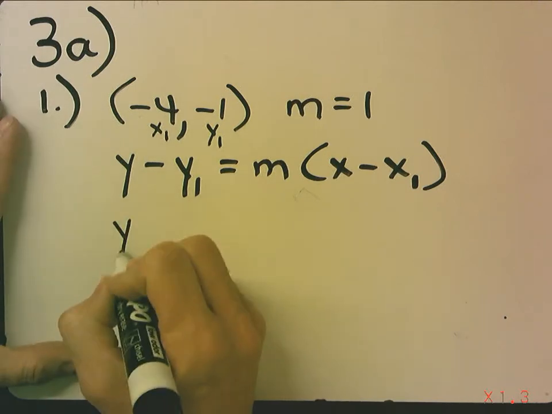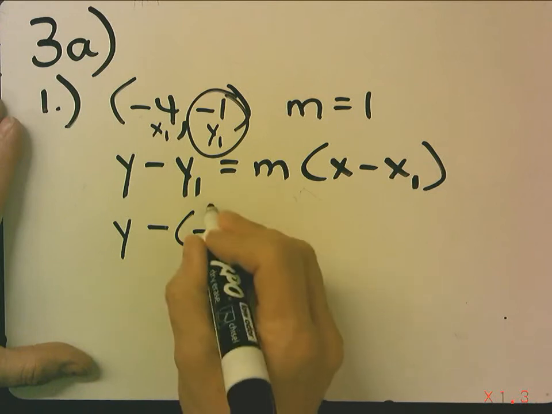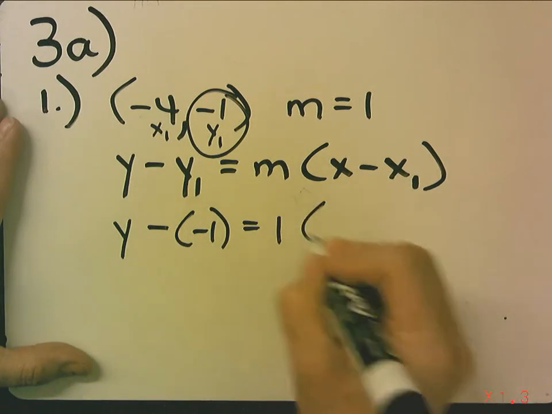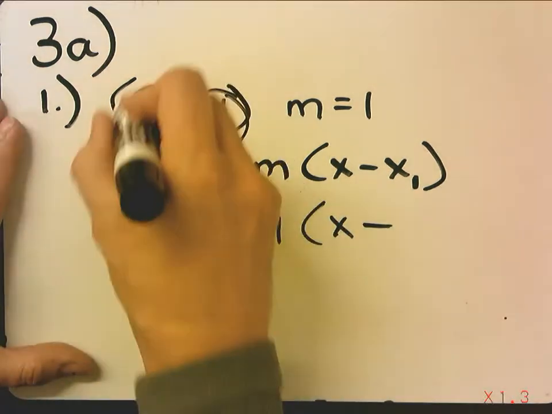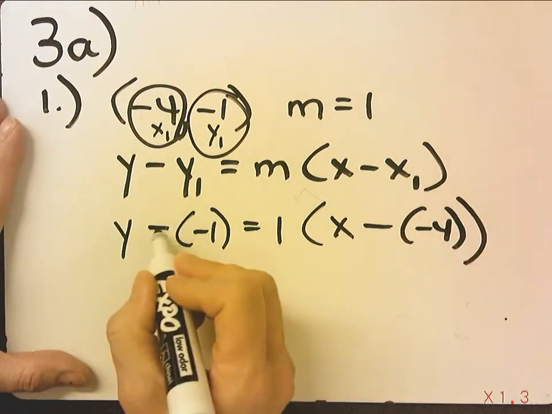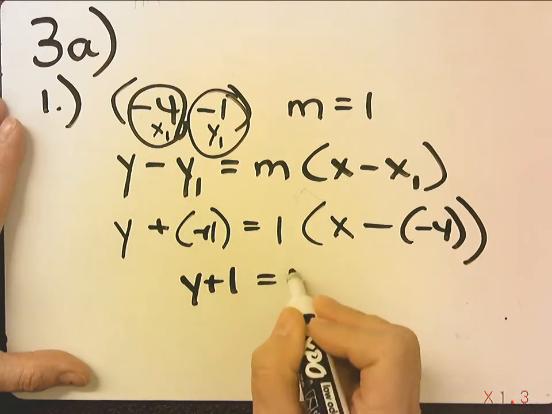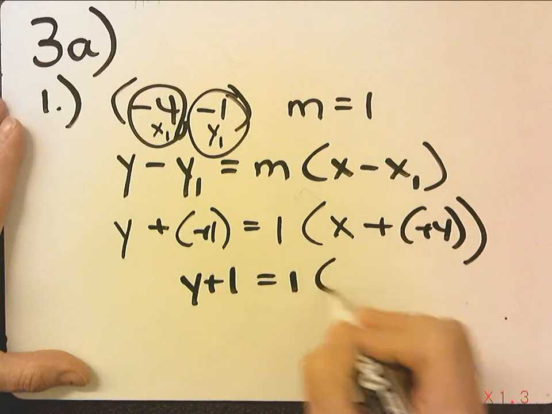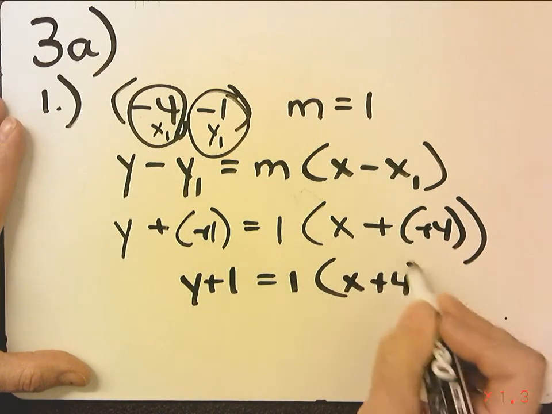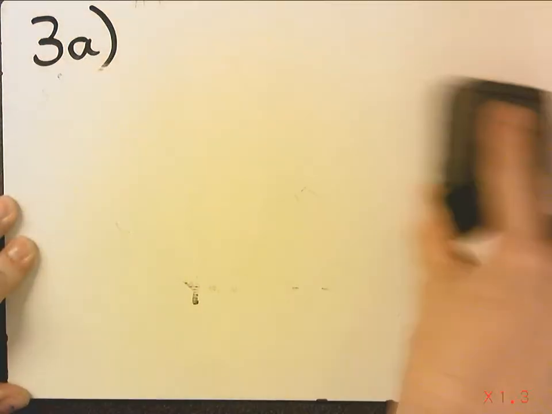So I say y minus y sub 1 is -1 equals 1 times x minus x sub 1 is -4. Now y minus -1 is y plus 1, and x minus -4 is x plus 4. And we're done. Okay?